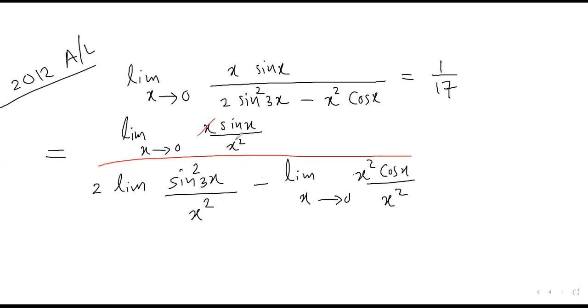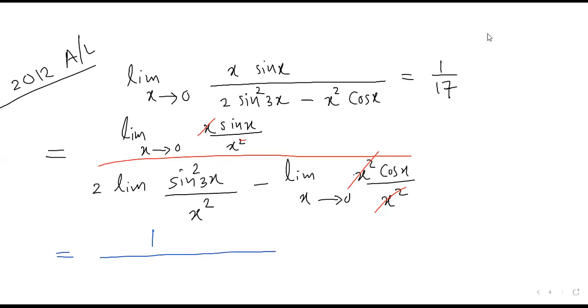Now here x is simplified. Here x squared is simplified, cancel off. Then in the numerator, when limit x is going to 0, sin x over x is 1.